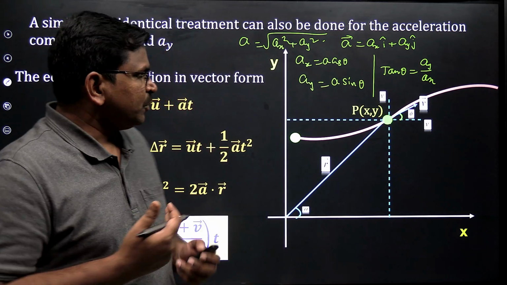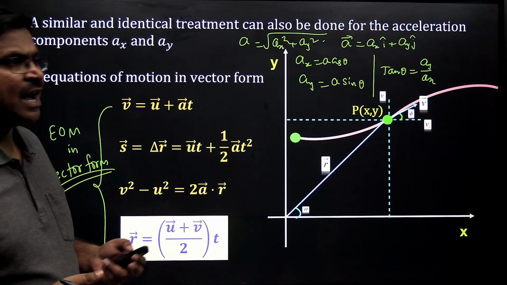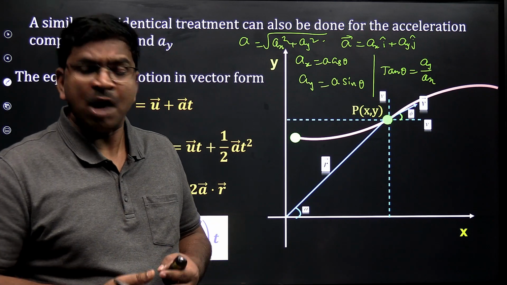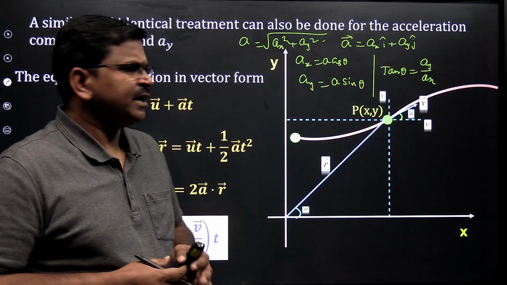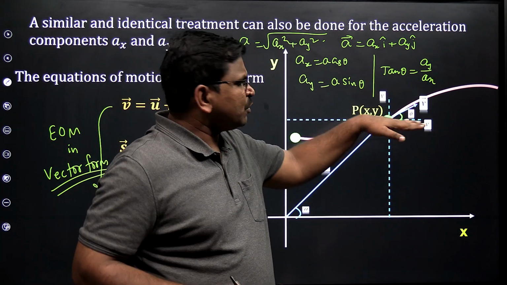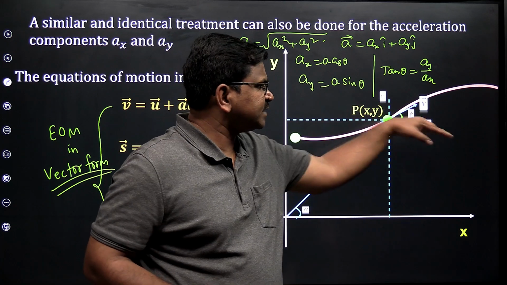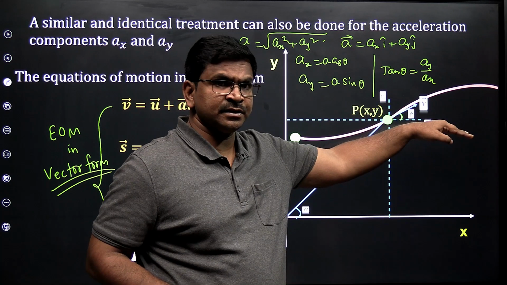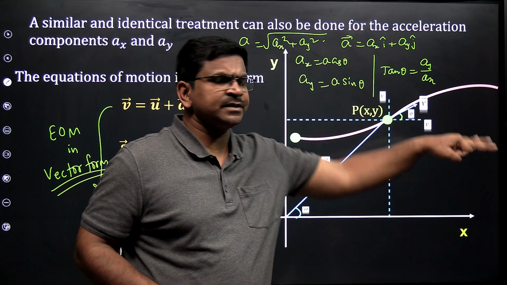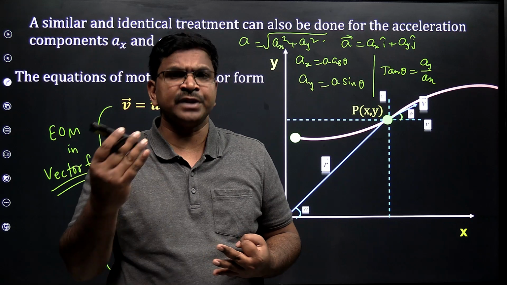Now to analyze this, the easiest method is to convert this two-dimensional motion into motion in one dimension. How can we achieve that? Very simple idea. As velocity is resolved into two components Vx and Vy separately, along the x-axis I have the position x, the velocity Vx, and similarly the acceleration Ax. So position, velocity, acceleration, all three are along the x-axis, so I can apply whatever I learned in motion in a straight line.